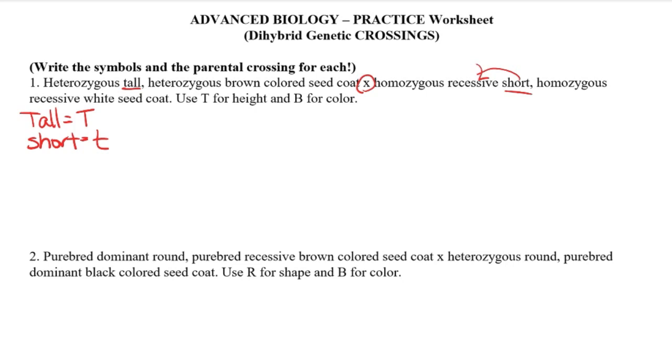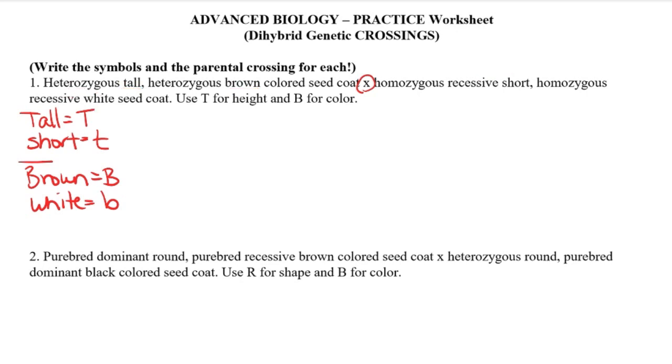My second trait is going to be color. In this case, I've got brown and I've got white. And it tells me that white is recessive, so lowercase b and a capital B. So that's my symbols.